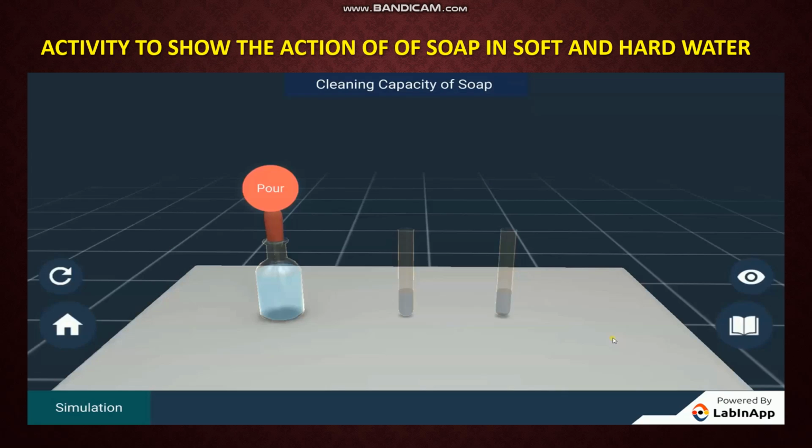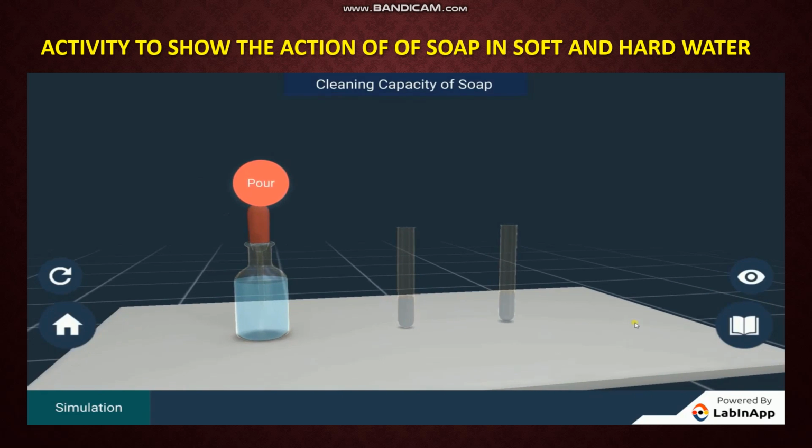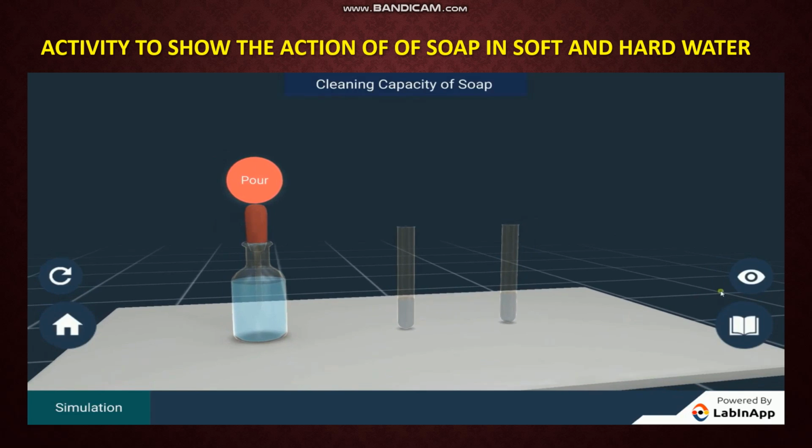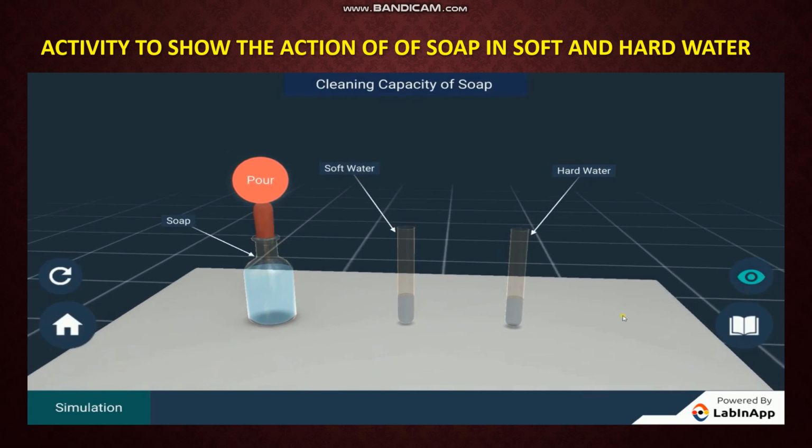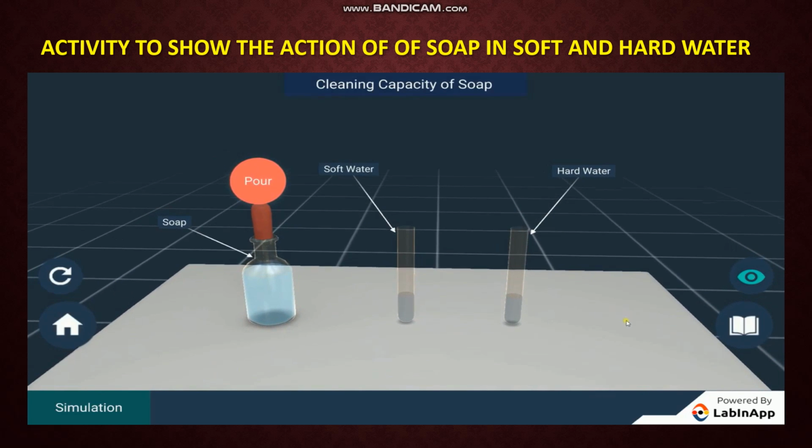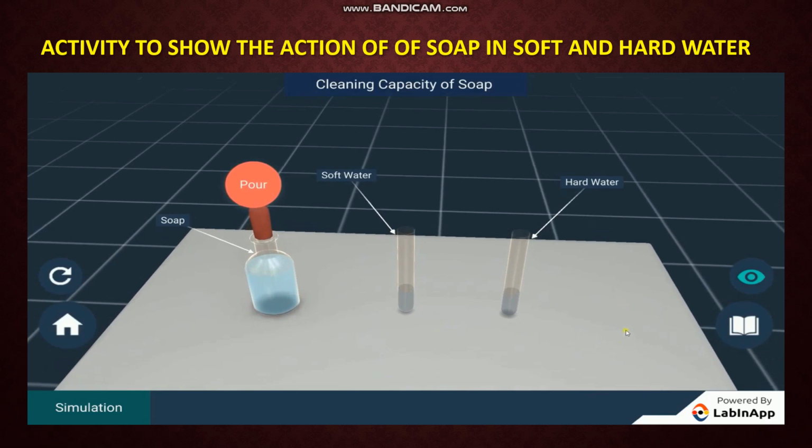Next, there is an activity to show the action of soap in soft and hard water. Let's study the cleansing capacity of soap through an activity. For this, we have taken soap solution, soft water in one test tube and hard water in another test tube.